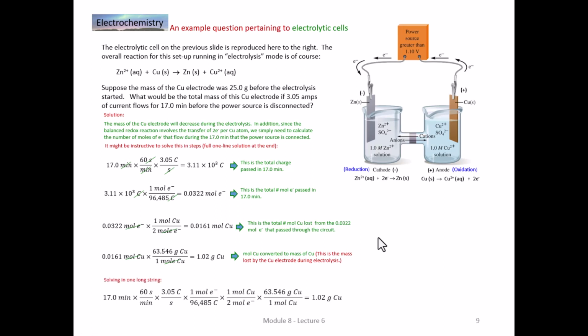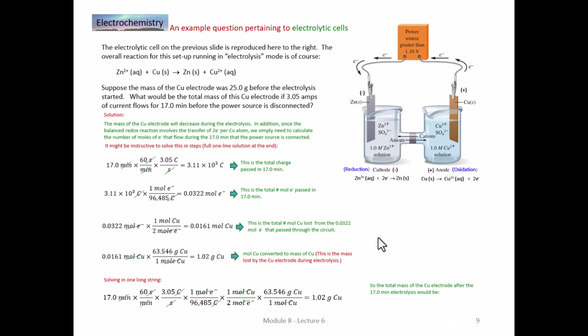We could have done this all in one long string by realizing that we can convert minutes to seconds, then take the number of seconds times the current to get the number of coulombs, change the number of coulombs to the number of moles of electrons, realize that you produce 1 mole of copper for every 2 moles of electrons that flow, times the fact that 1 mole of copper weighs 63.546 grams.